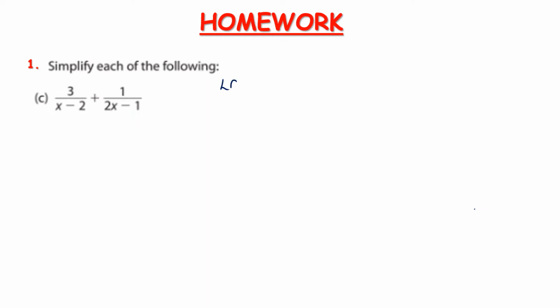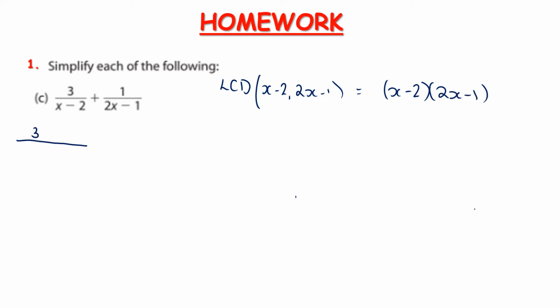So our lowest common denominator of x minus 2 and 2x minus 1 is simply the two denominators multiplied together. And I'm going to rewrite my fraction to give myself a bit more space. X minus 2 plus 1 over 2x minus 1.